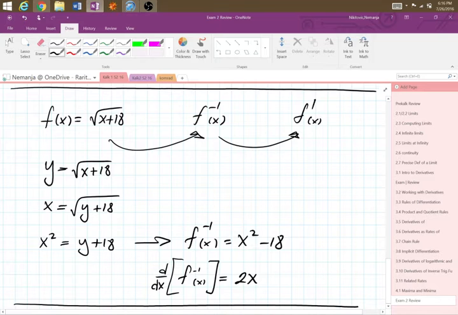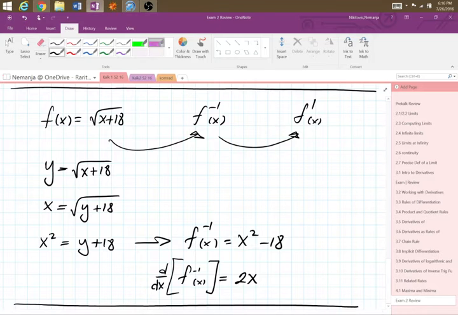Once we have x squared equals y plus 18, you flip the x and the y only once to find the inverse, and that's it. Y is the f inverse; I'm just giving it a name. I solve for y, and that is the inverse. That function will undo whatever you put in.